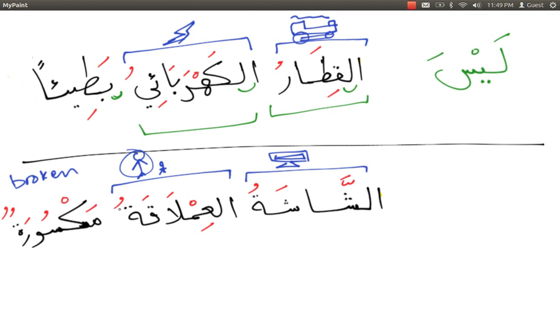How do we say the huge screen is not broken? All we need to do in Arabic is to take this sentence and add the word ليس or ليست at the beginning and change the ending of the piece of news that we have here. So for شاشة, since it ends with تاء مربوطة, feminine, I'll go with the word ليست.